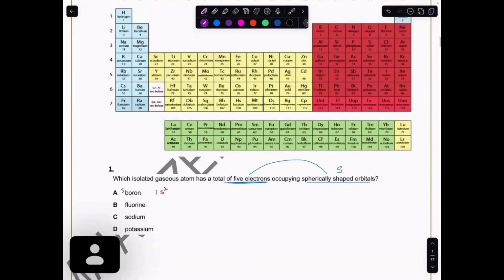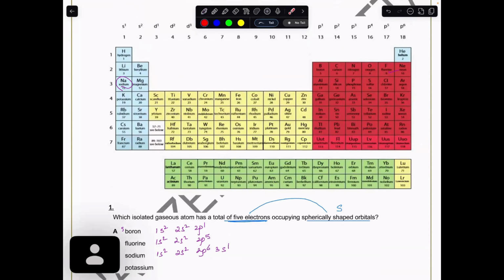Boron is 5: 1s2, 2s2, 2p1. Fluorine: 1s2, 2s2, 2p5. And then sodium: 1s2, 2s2, 2p6, and 3s1.